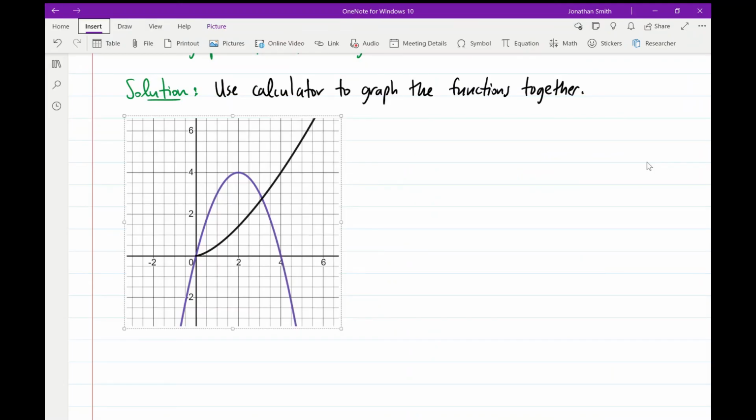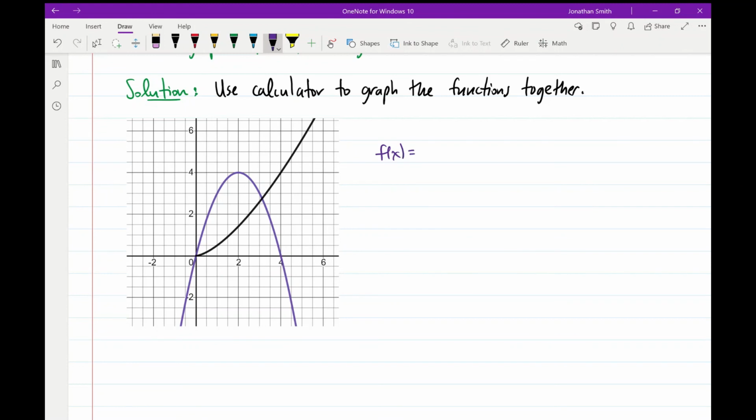So I've taken the graph from Desmos and moved it over to OneNote. Here we have that f of x equals 4x minus x squared is the function in purple, and g of x equals 1/2 times x to the 3/2 is in black.